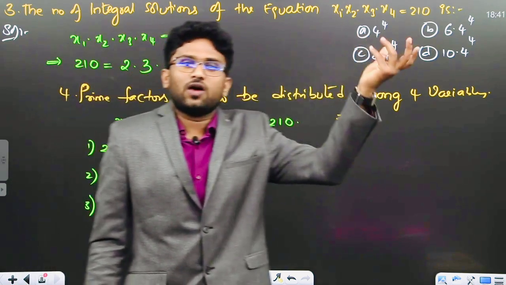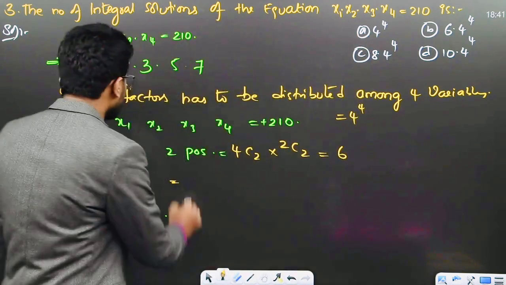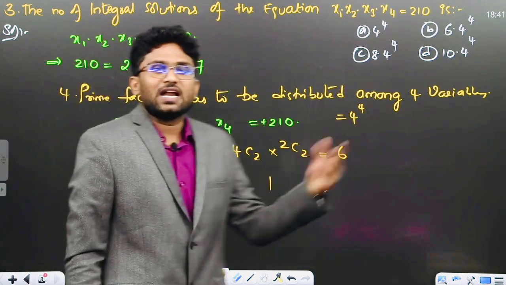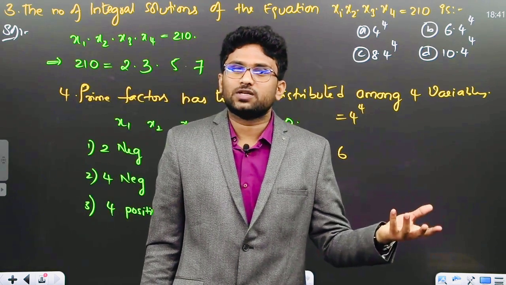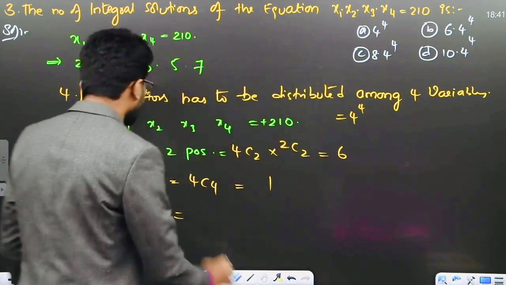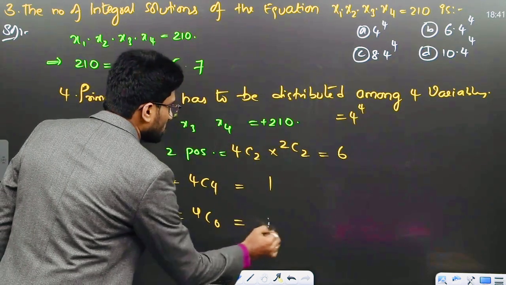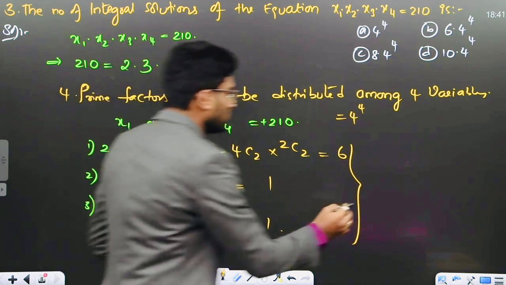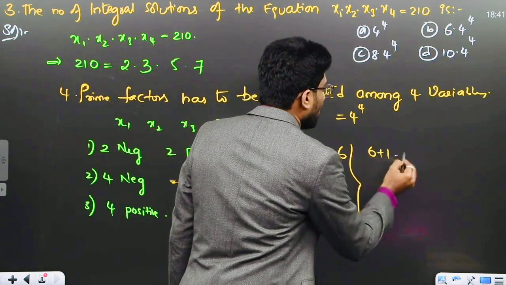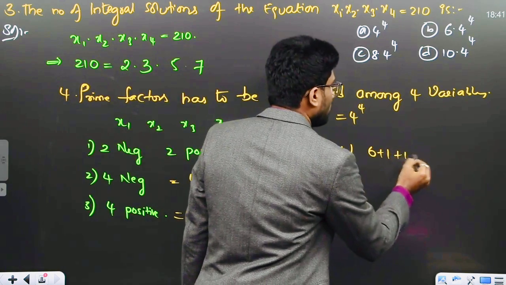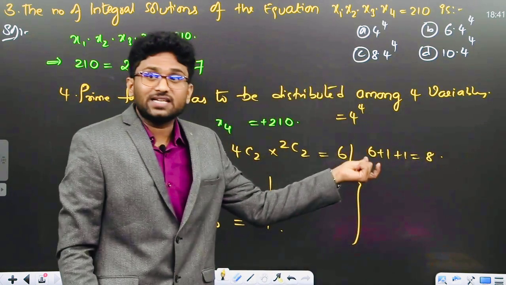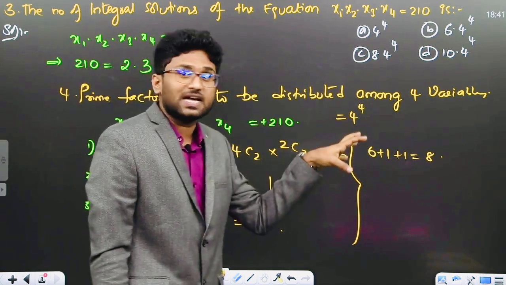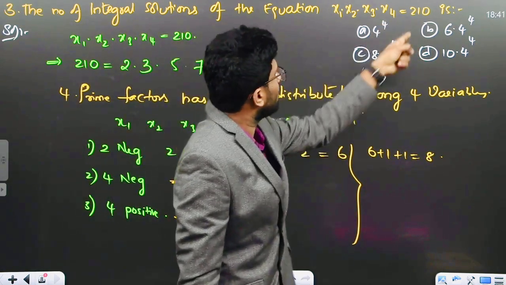We select all 4, and all 4 are negative. Then we get 4C4, which equals 1. If all 4 are positive, none of them is negative, then we get 4C0, which is again 1. Now how many sign arrangements do we get? 6 plus 1 plus 1, which equals 8. These 8 sign cases have to be associated with 4 raised to 4.